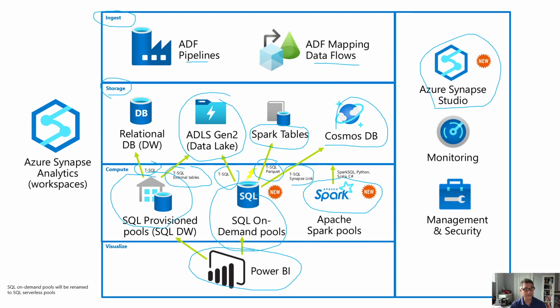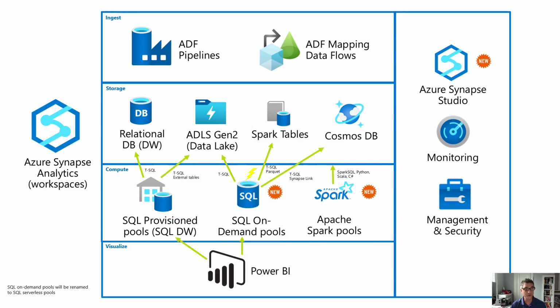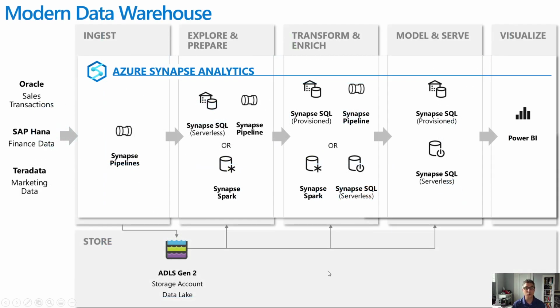And the big change here is with the SQL on-demand pools. This gives you an ability to have a lot of different ways of accessing data and saving costs. So if we look at what the new modern data warehouse could look like, each of these steps now has multiple options for exploring and preparing, which could just be transforming all files from, say, CSV and JSON into Parquet.